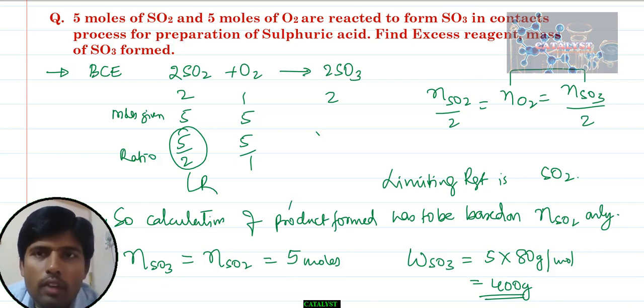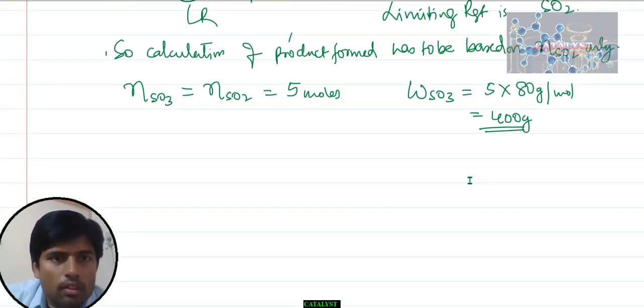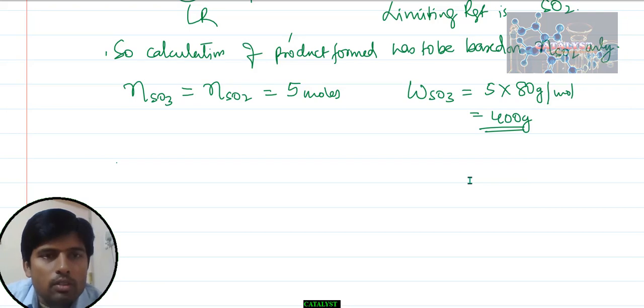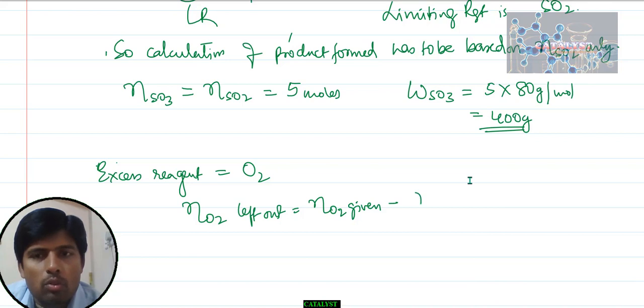Along with that, they have also asked to find the excess reagent. Obviously oxygen is the excess reagent. So let me scroll down. Yeah, so excess reagent is equal to O2. Now number of moles of O2 left out is equal to number of moles of O2 given minus number of moles of O2 reacted.